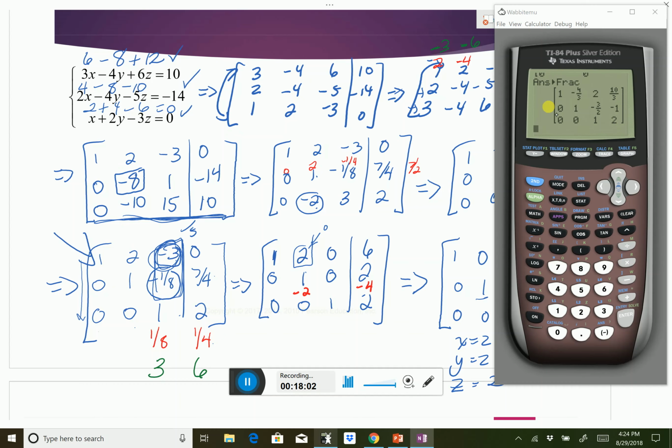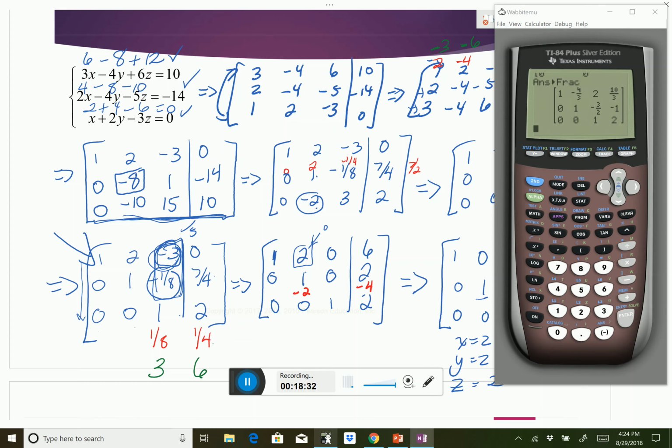The reason that it's different answers is because the calculator did not switch the rows. The calculator divided the first row by 3, as you can see as negative 4/3 and 10/3. If it had switched the rows, we would have the same answer. But since we didn't, we can possibly get different answers for the row echelon form. And there's still the equivalent system.